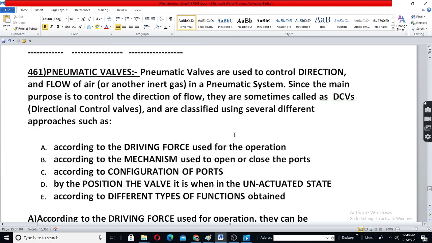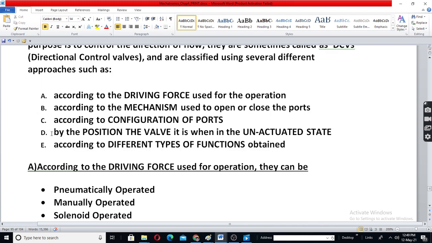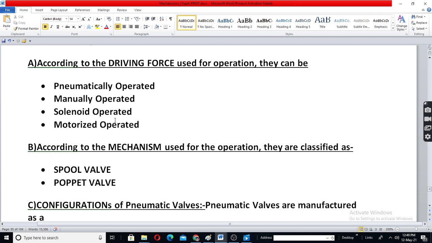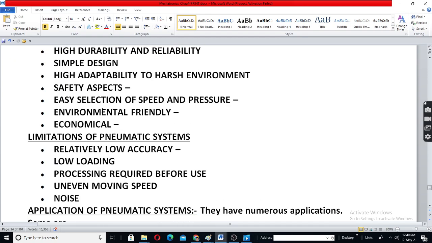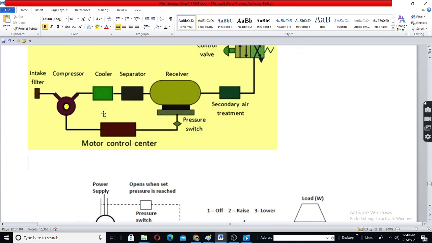Now, pneumatic valves. Here you have five different methods of classification. You can remember at least two to three. If it is manually operated or electrically or pneumatically, etc., they can be operated. Pneumatic valve means it is using airflow for motion transmission.